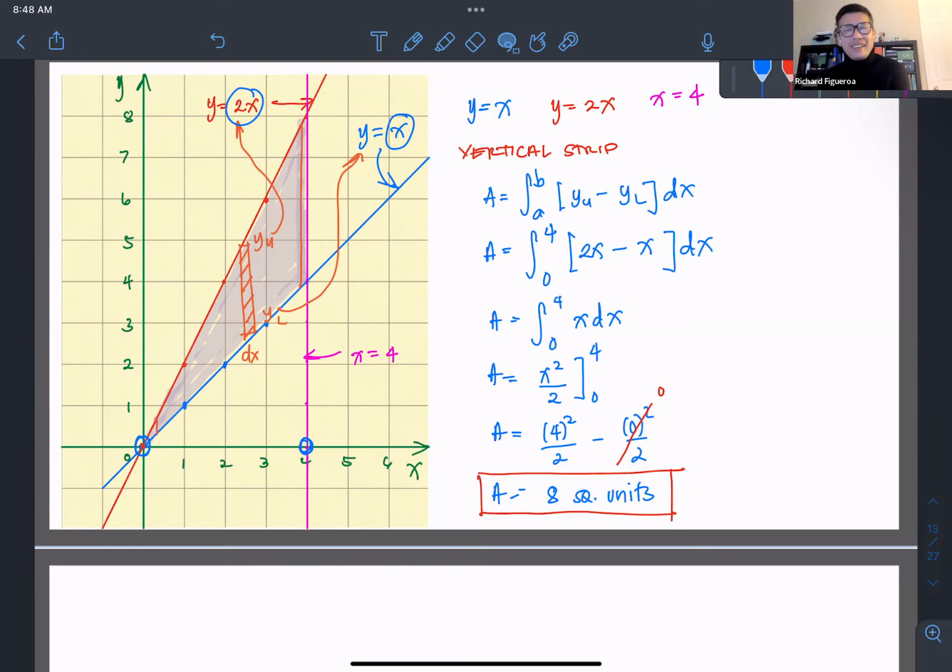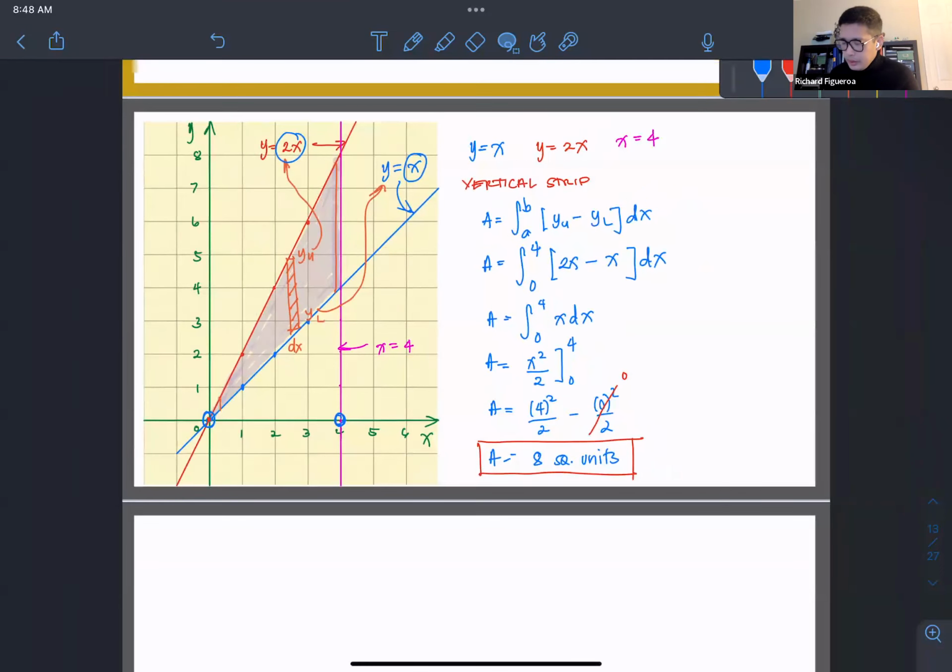Manghuhula ka ng ano yung y upper mo, ano yung y lower mo. So it would be difficult. So you really need to graph. So required na po ba gumamit ng graphing paper? You can use one, para mas simple, di ba? Para mas madaling mag-graph.